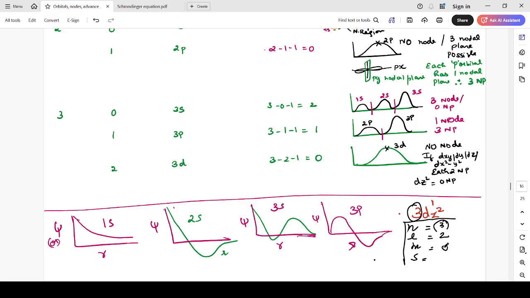Isn't it 0? Yes, ma'am, 0. Sorry, ma'am. I wrote one electron here, so either it could be plus half or minus half. Yes.